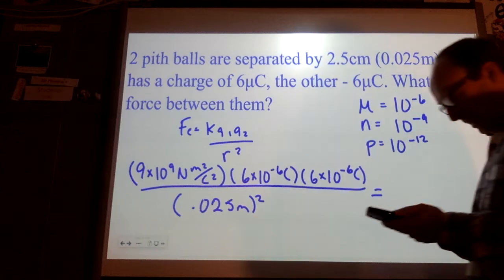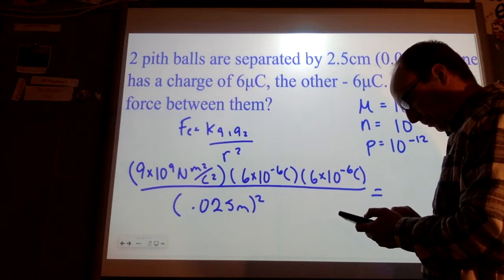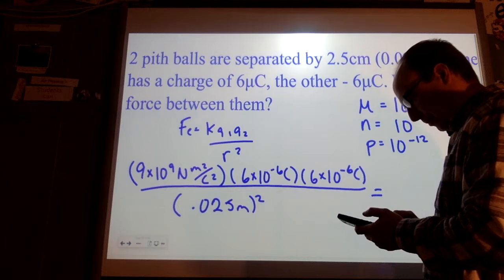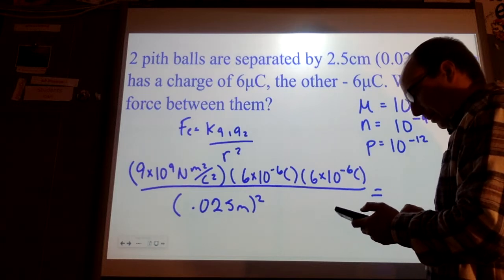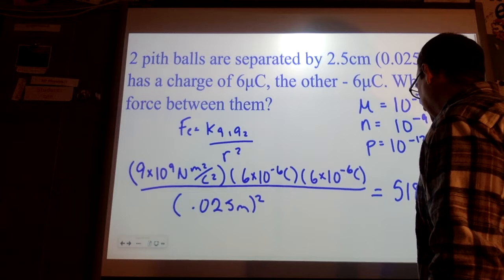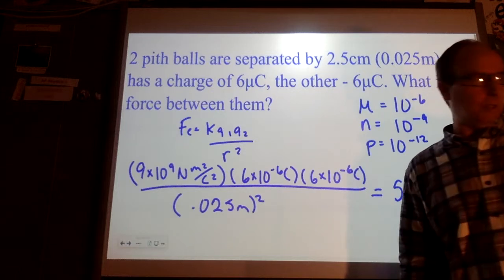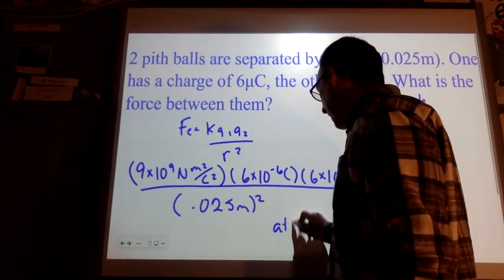So I'm going to put this in my calculator. And I have 518 newtons. So that's actually a pretty big force, right? And we're talking about very small charges. Now, since one is positive and one is negative, this is going to be an attractive force.